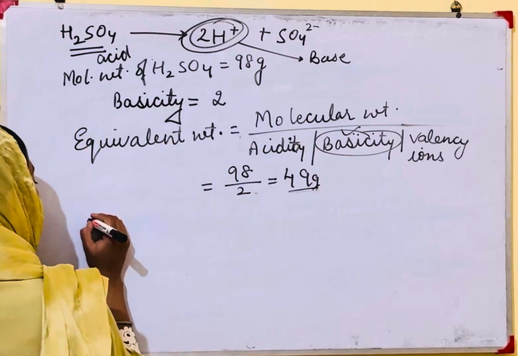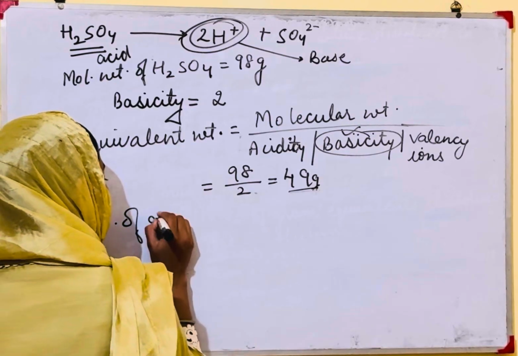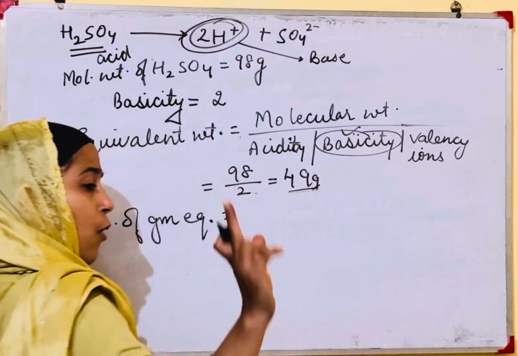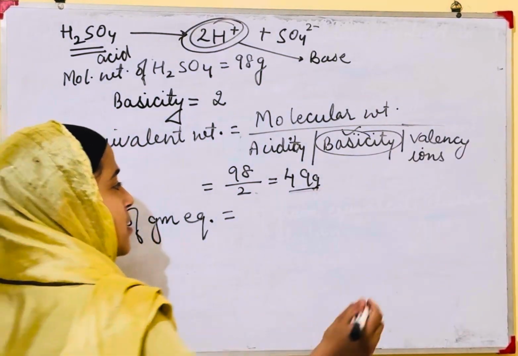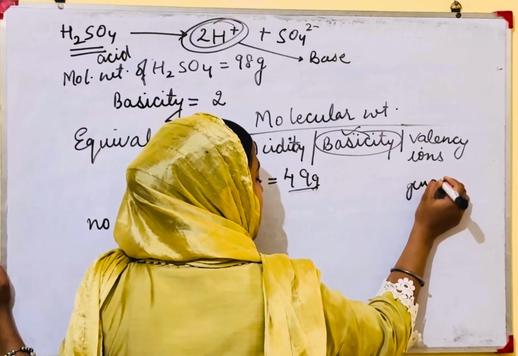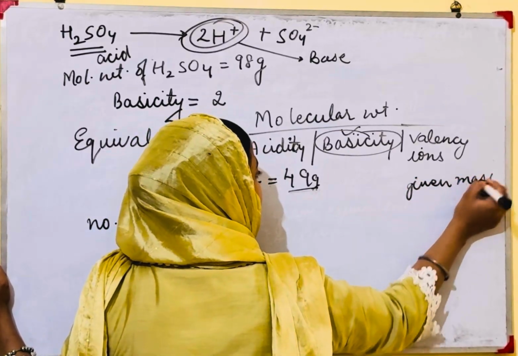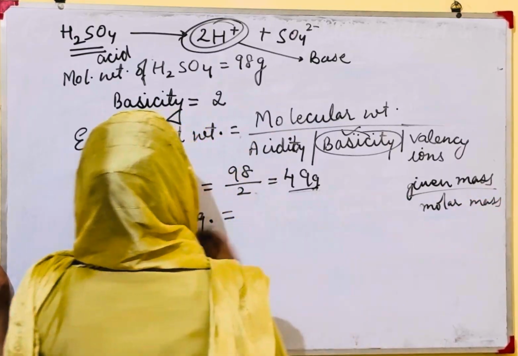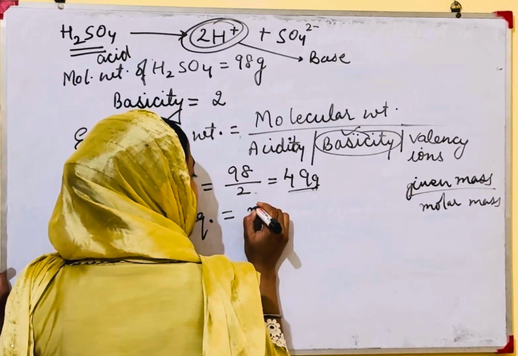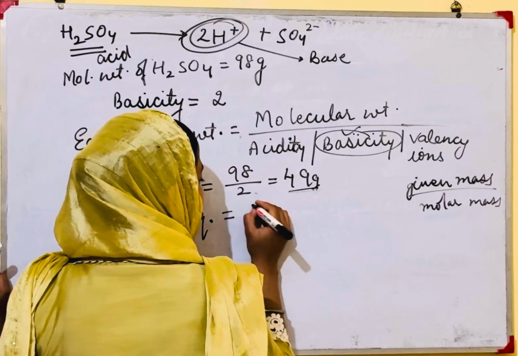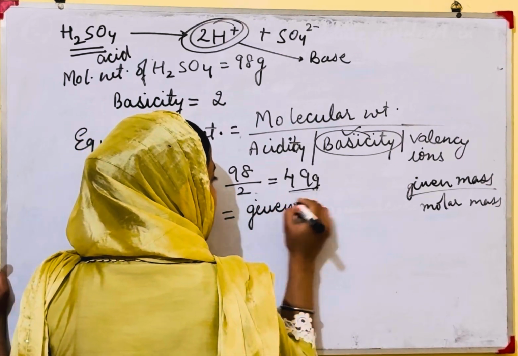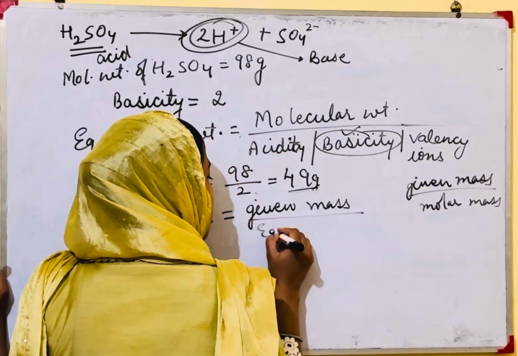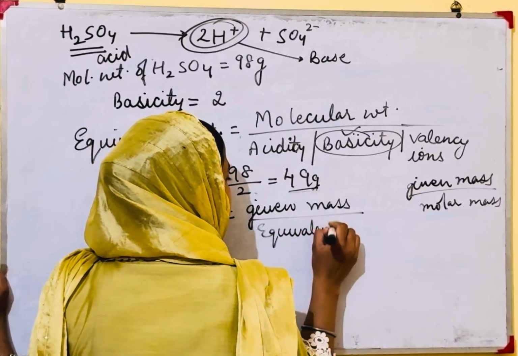Now to calculate number of gram equivalents, what will be the formula? In number of moles we take the given mass over molar mass. So for number of gram equivalents, the formula is given mass divided by, instead of molar mass, we put equivalent mass.